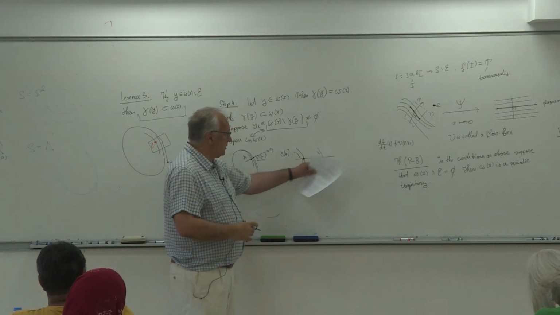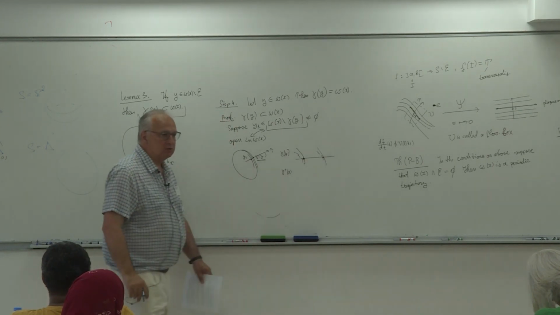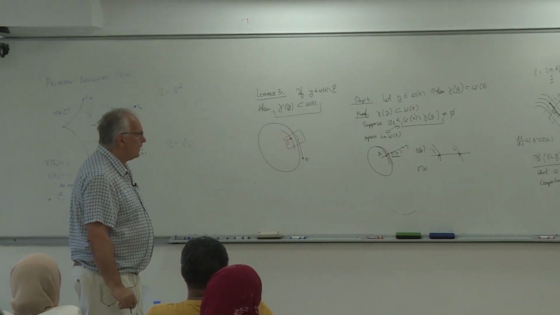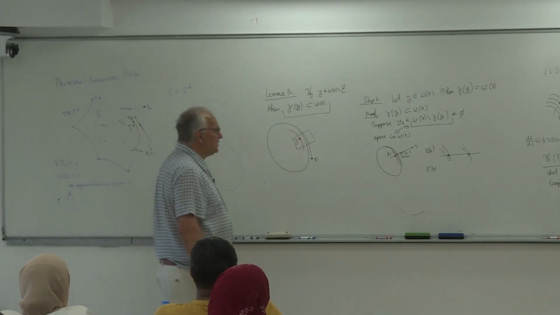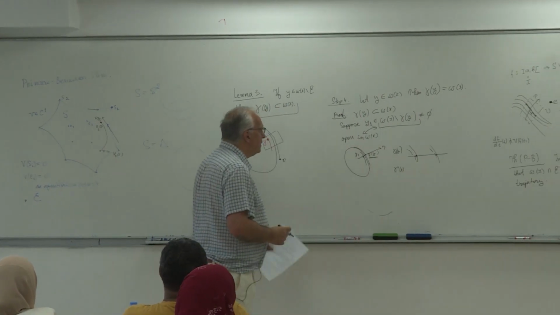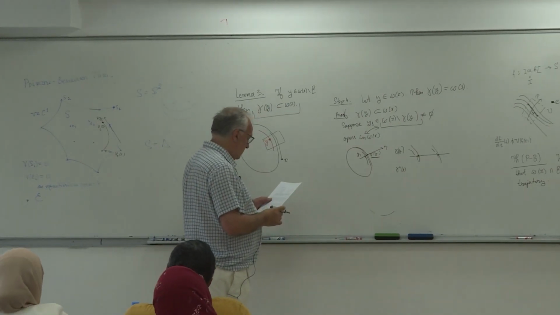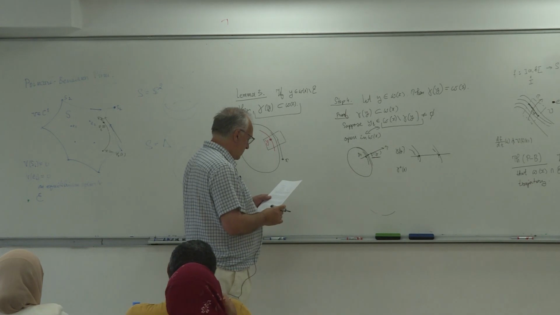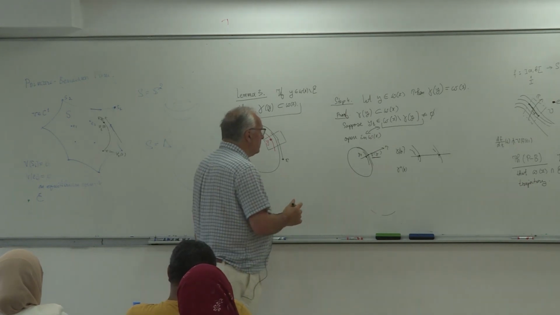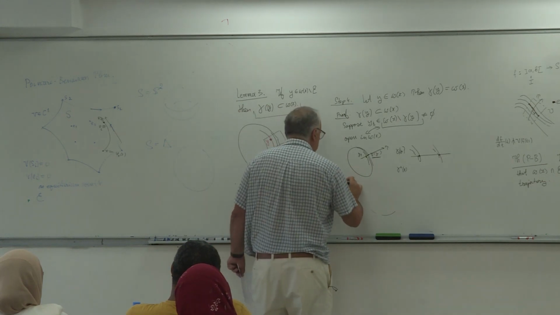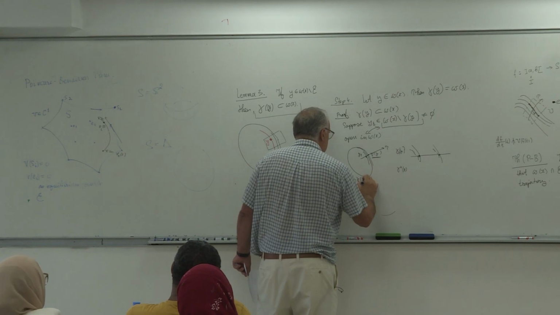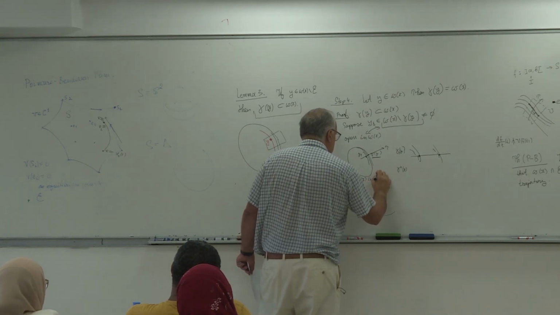So this set will not be monotone. So this set is open, and so it cannot be closed. So omega x minus gamma of y is not closed.